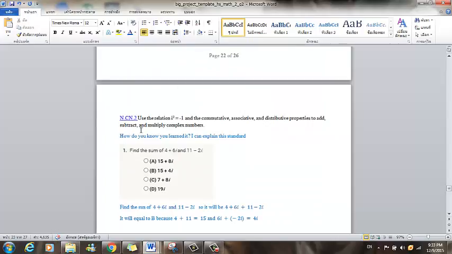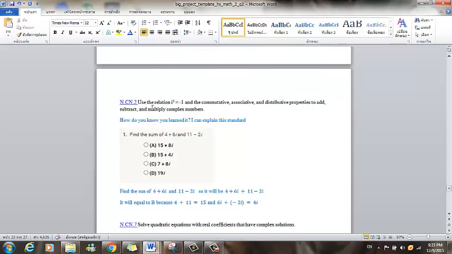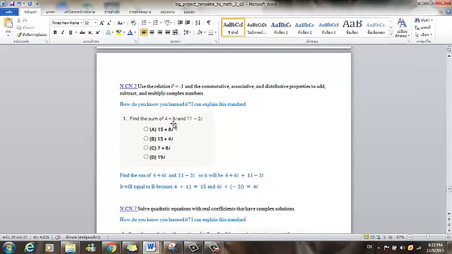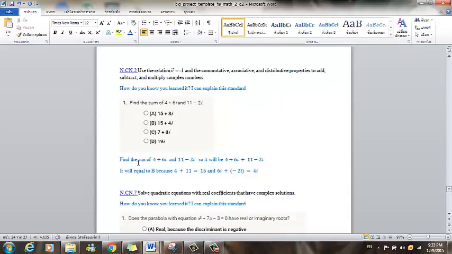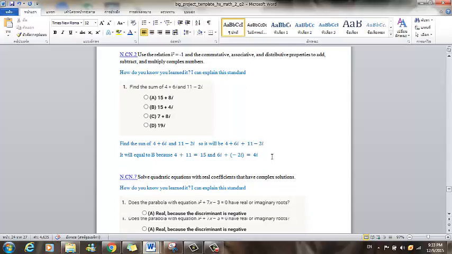The next one is NCN2. Find the sum of 4 plus 6i and 11 minus 2i. So it will be 4 plus 6i plus 11 minus 2i.